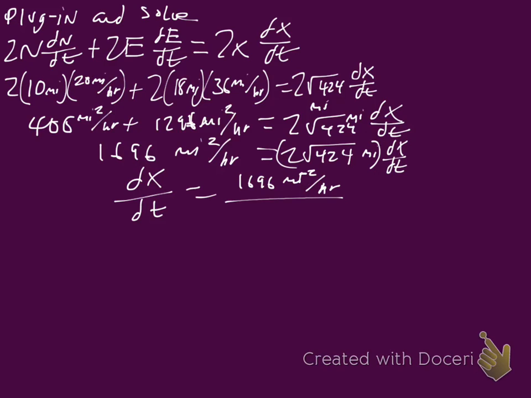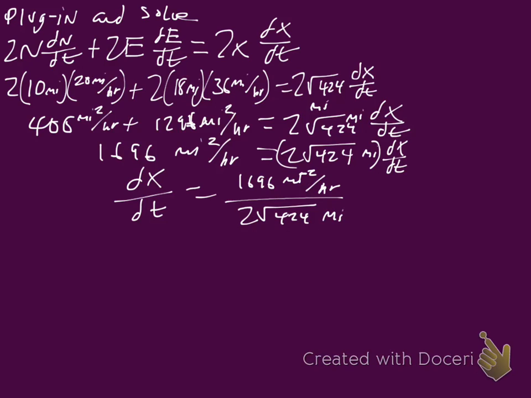Not the best algebra you've ever done, probably. Not the like, oh, I love doing this, this is so much fun. But this is what you end up with. So the units, you have miles squared over hours over miles.